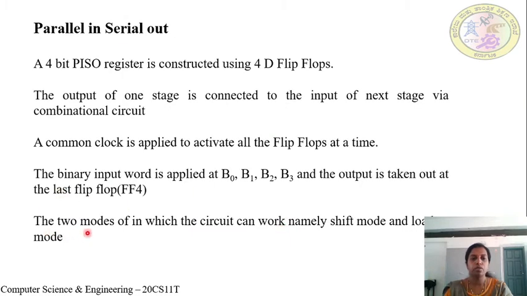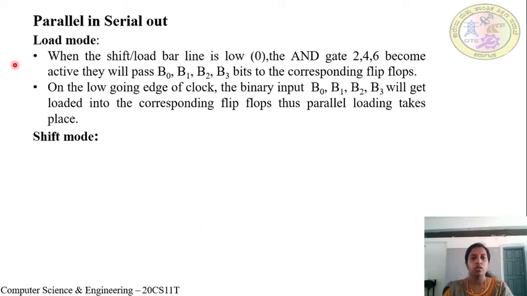Now the two modes in which the circuit can work, namely shift mode and load mode. In load mode, the data is loaded in parallel. When the shift or load bar line is low, the AND gates 2, 4, 6 become active.